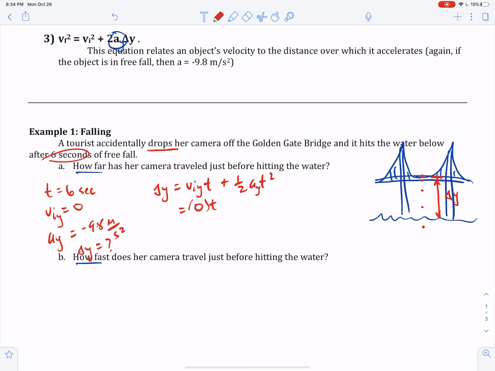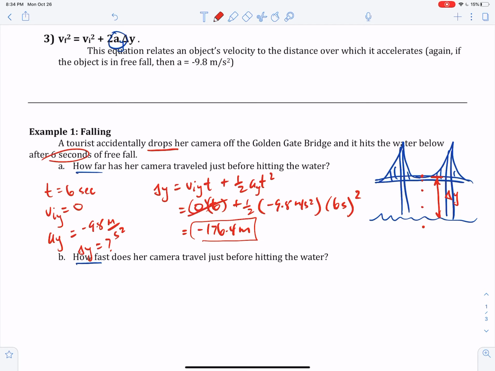So even if we multiply that by the time of 6 seconds, that's going to go away. Plus half the acceleration multiplied by the 6 seconds squared. So we end up getting negative 176.4 meters. And the negative means downwards, right?